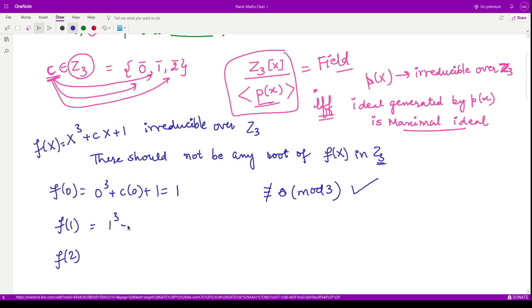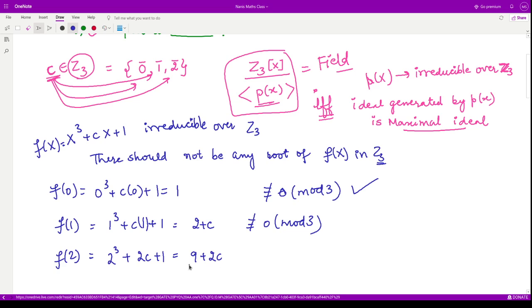If we substitute 1, we would have 2 plus c. Now this should not be equal to 0 mod 3. And if we substitute 2 over here, we would have 2 cube plus 2c plus 1, so that means 9 plus 2c.